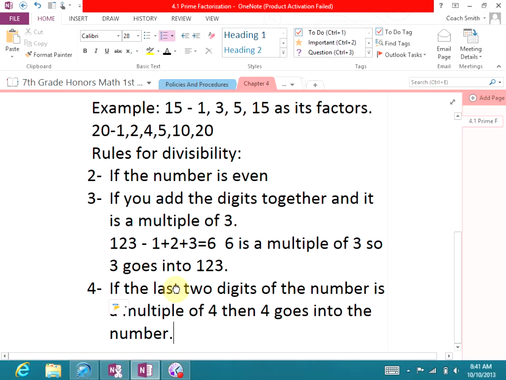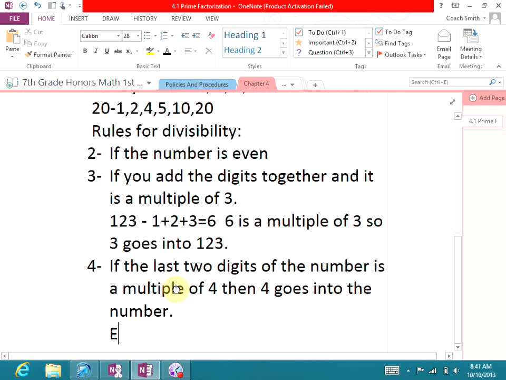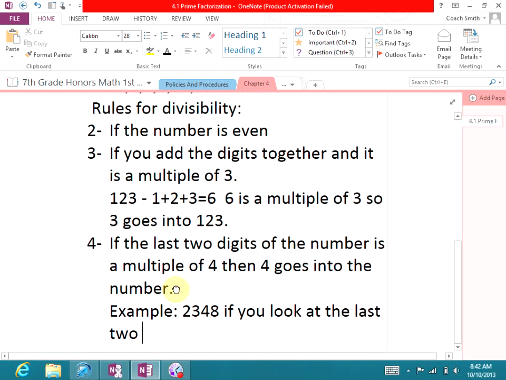For example, 2,348. If you look at the last 2 digits, 48, then 4 goes into 48.